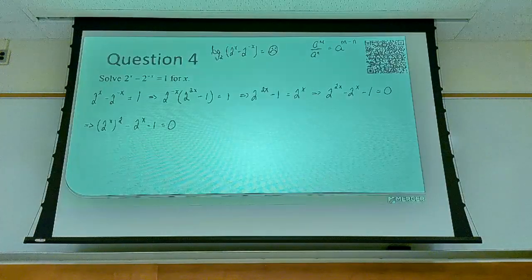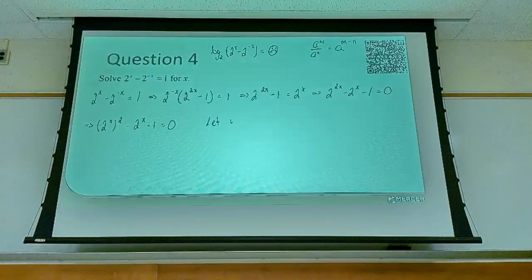That's quadratic form. What you would really do at this point is do what's known as a change of variable. Let's just use y. Let y be 2 to the x.